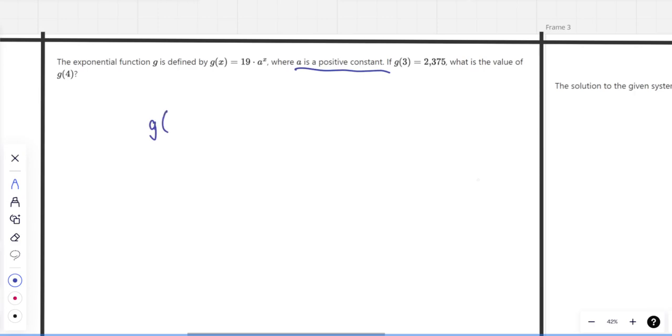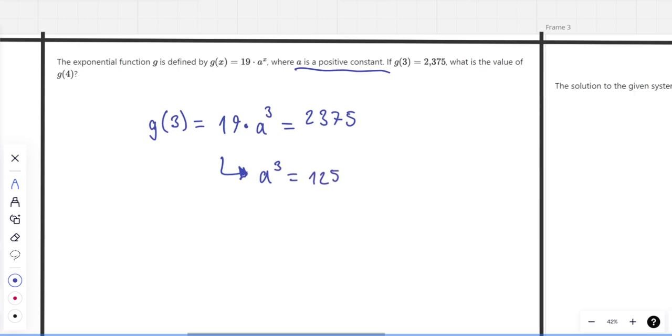If we know that g of 3, which is just 19 times a to the power 3, equals 2,375, then we can divide everything by 19 to get a cubed equals, shoot, I'm going to need my calculator for this one, but 2,375 divided by 19 would give us 125.